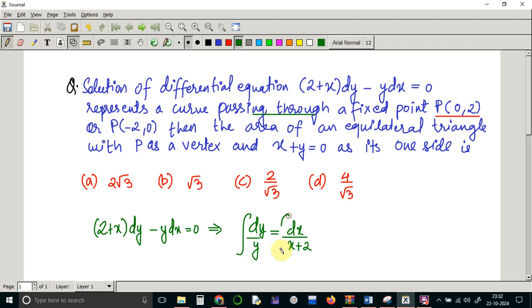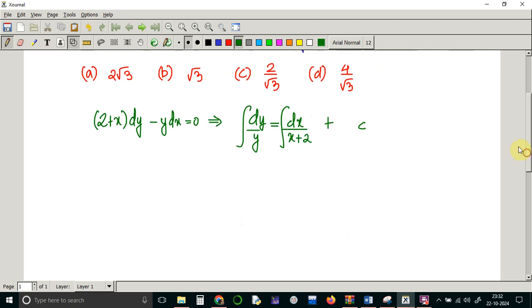So let's integrate it, and we will get the constant of integration c. After integration, it is ln y equals ln (x plus 2) plus a constant. So there is a constant on both the sides, so I will change my constant of integration to ln c.